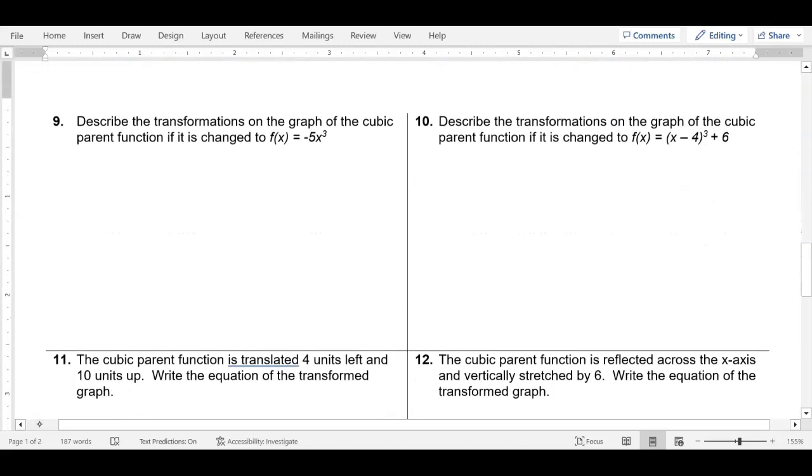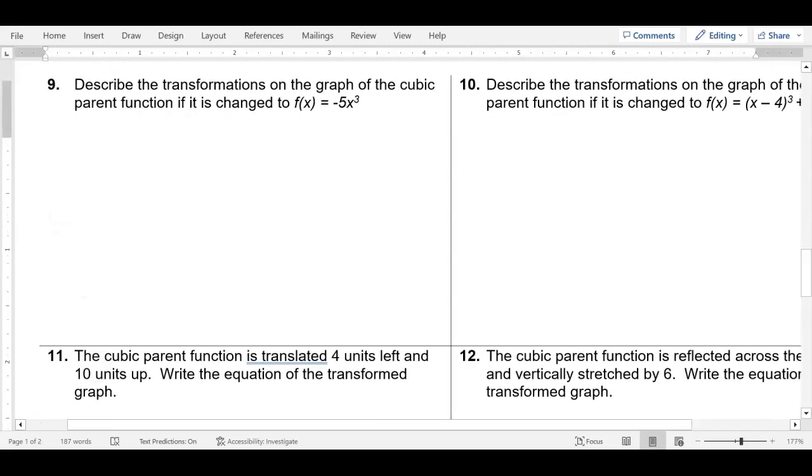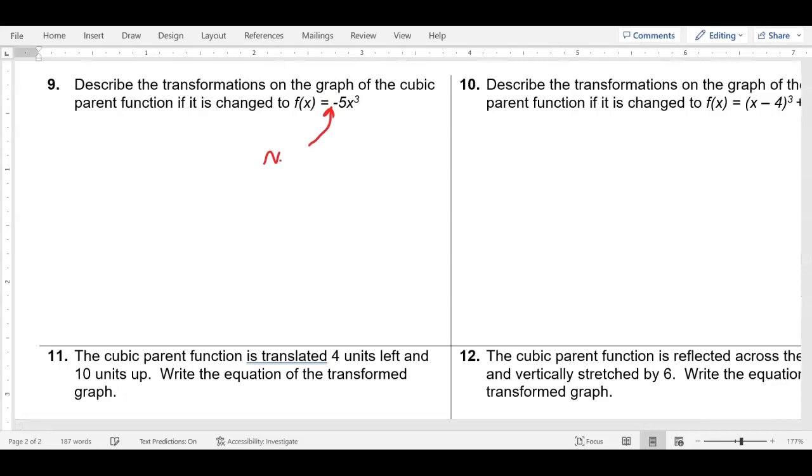All right, describe the transformation on the graph of the cubic parent function if it is changed to this. Okay, so remember, negative means reflect over x.